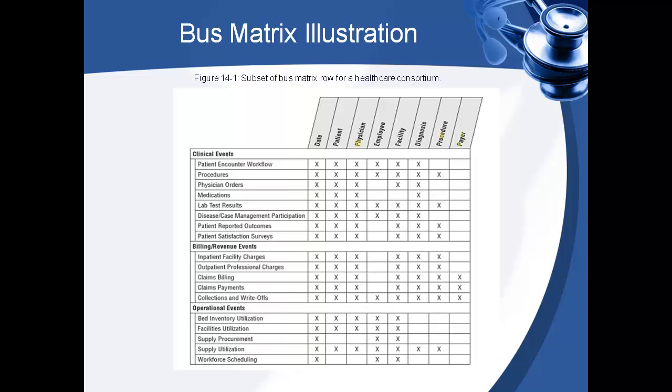Along the top of the matrix, there are potential dimensions, such as date, patient, physicians, employer, facility, diagnosis, procedure, and payer. The matrix shows how those dimensions will interact with the various events.